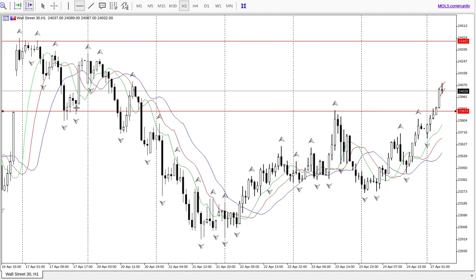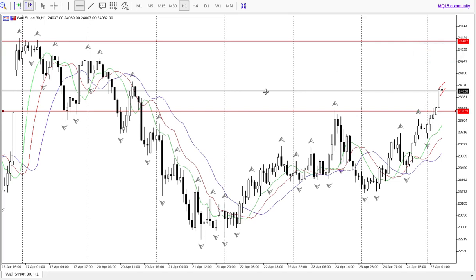You can see it was used as support here, it was rejected here, and then we've used the resistance here. So we have broken through it. So I'd like to see us pull back onto this area, and then let's see what happens at that point. If it does give us an opportunity to buy, then there's definitely an opportunity to buy. But I think your cap is going to be 24400 unless something major happens today.